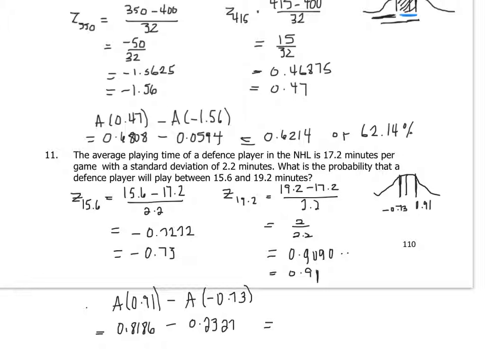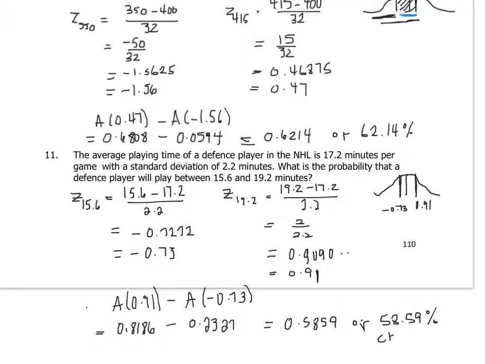So if you subtract those, you get 0.5859, or as a percent, 58.59% of the data, or a 58.59% chance that the defense player will play between 15.6 and 19.2 minutes.